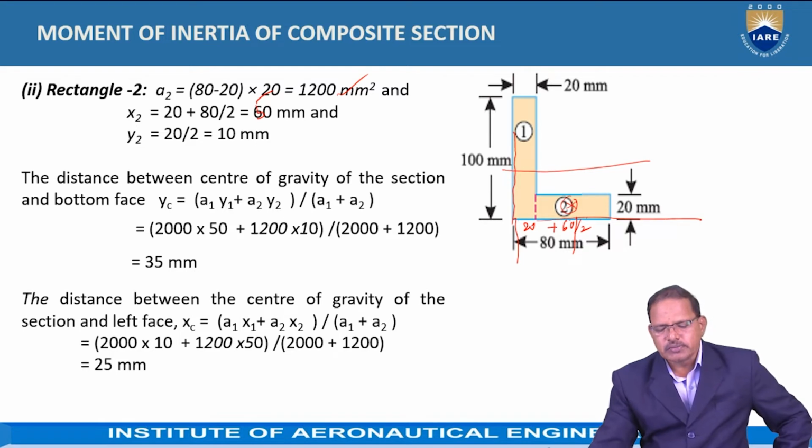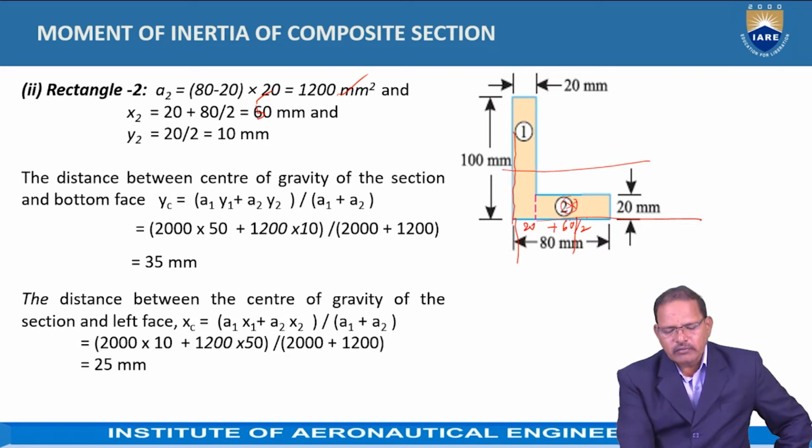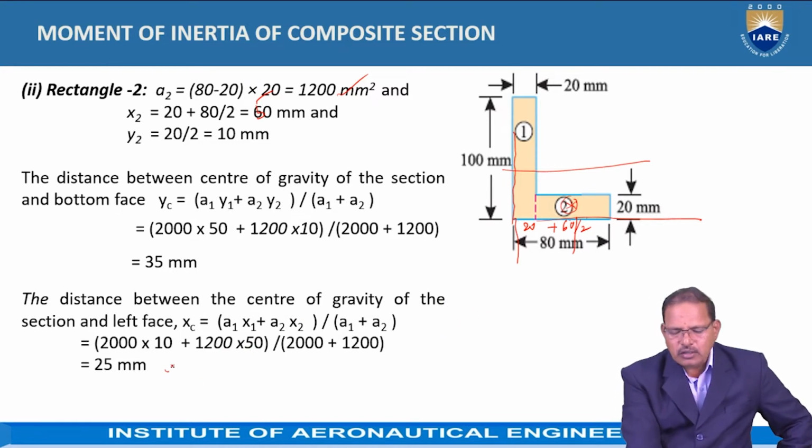Similarly, the distance of the center of gravity of the section with respect to the vertical reference line, which passes through the extreme left of the L section, is xc, equal to a1 x1 plus a2 x2 divided by a1 plus a2. According to this figure, a1 is equal to 2000, x1 is equal to 10, and a2 is equal to 1200, x2 is equal to 50, divided by 2000 plus 1200, which is equal to 25 mm.